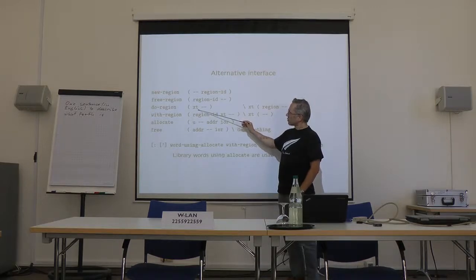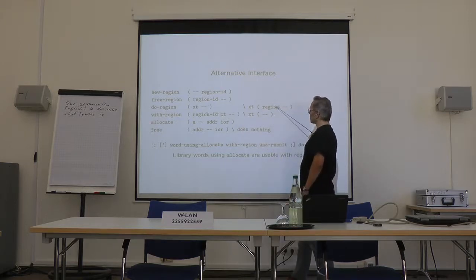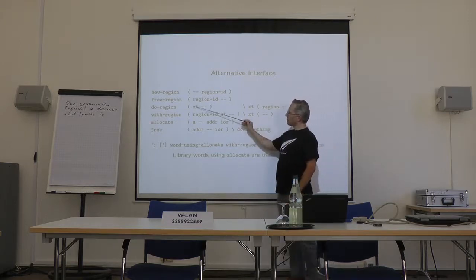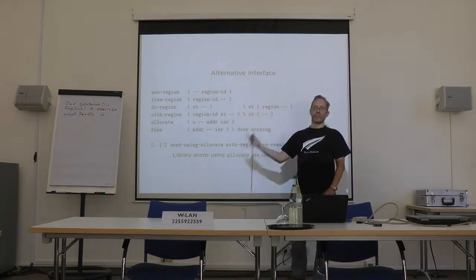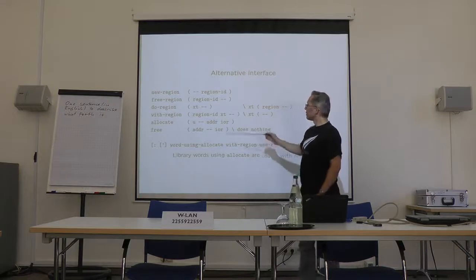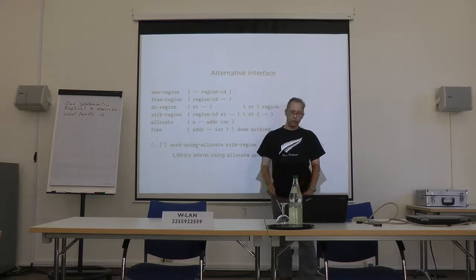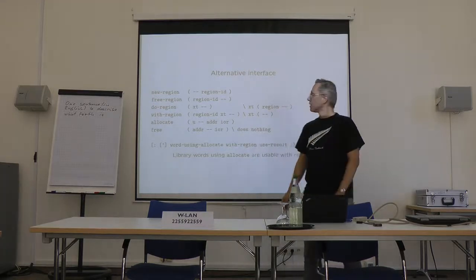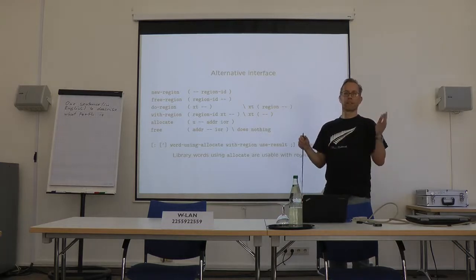It takes an execution token, creates a new region, pushes that region on the stack, and performs the execution token. And when do-region is left, it frees the region with free-region. And why do we need do-region at all? The point is we are guaranteed to free the region even if there's some exception.